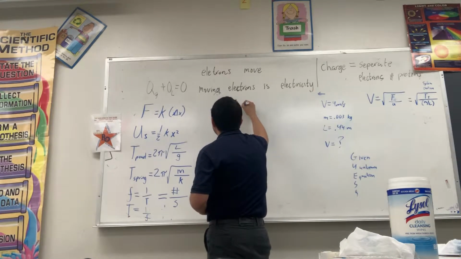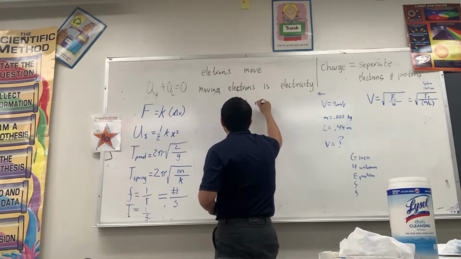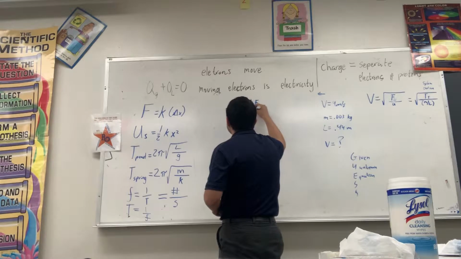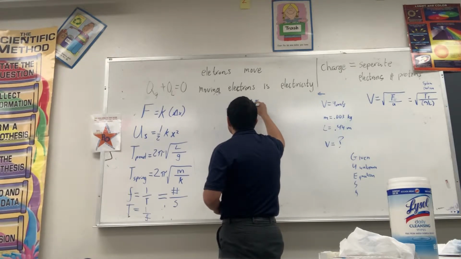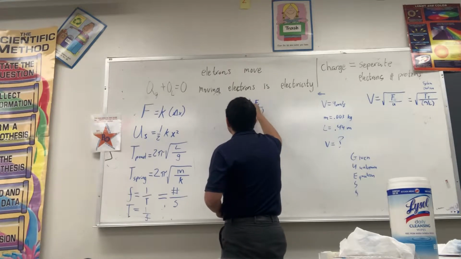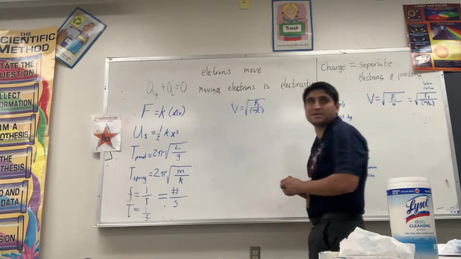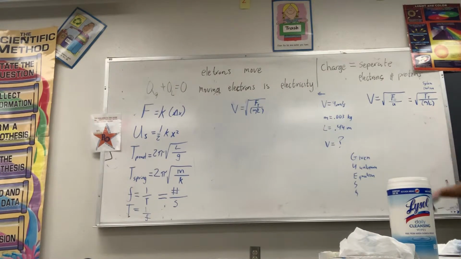Velocity equals the square root of tension over the linear density, mu, which is m over L. Mu we can substitute with m over L.